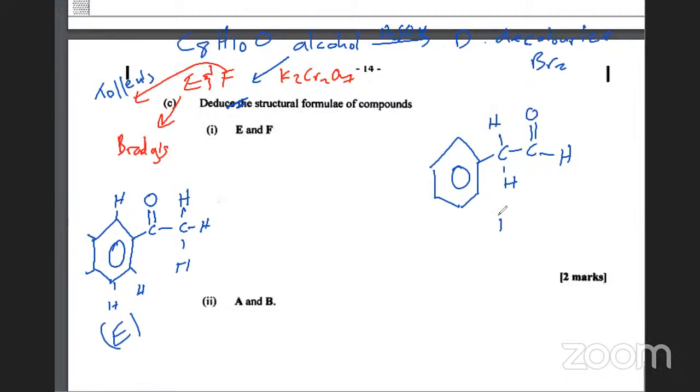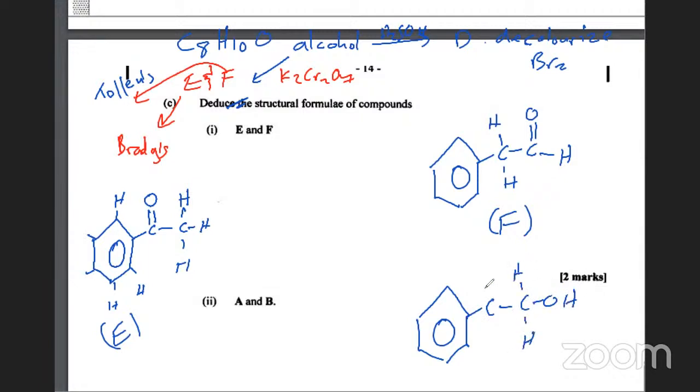So this is compound F. The compound F would come from a primary alcohol, so the OH would be on the carbon at the end. As we already said, OH would be here. So these are compound A and compound B.